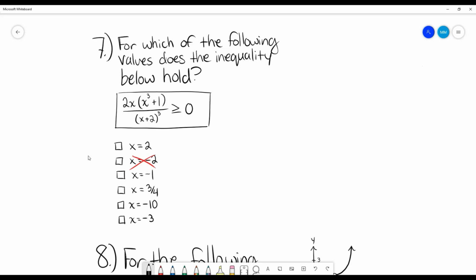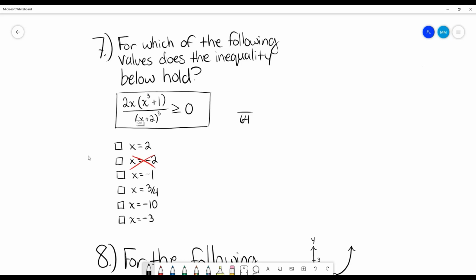So we've got a positive 2, which is going to be a 4 to the third, which will be positive, right? 4 to the second is 16, 4 to the third is 64.